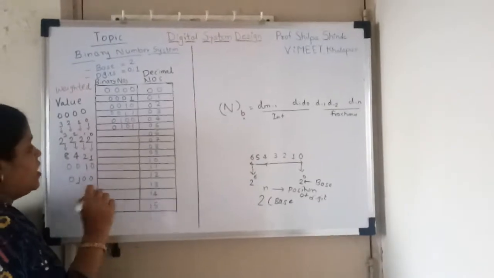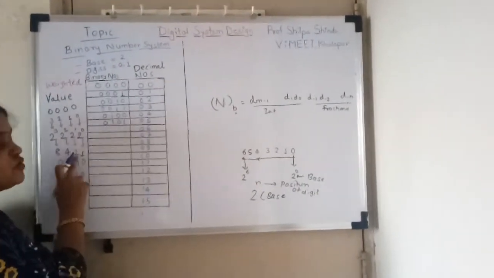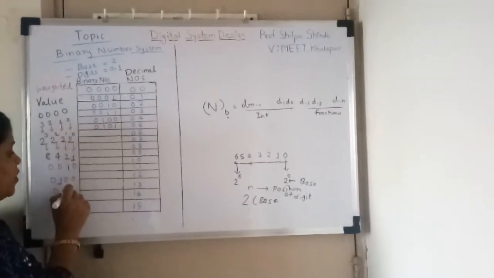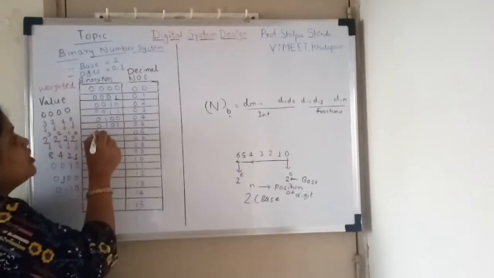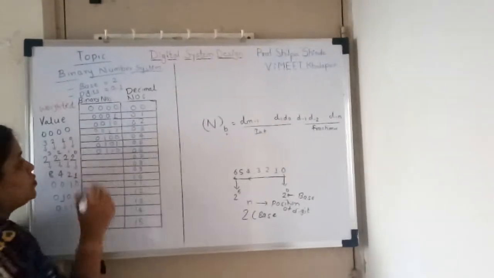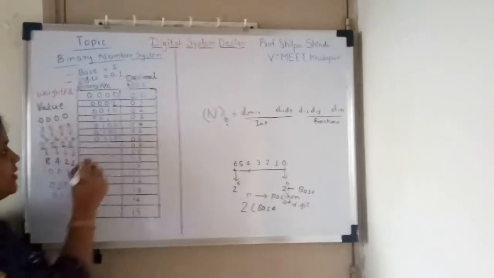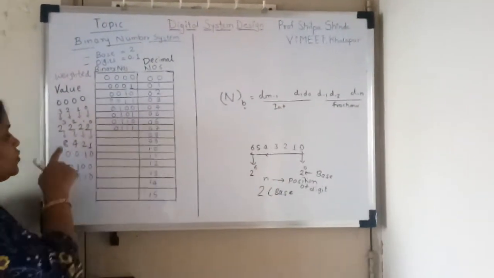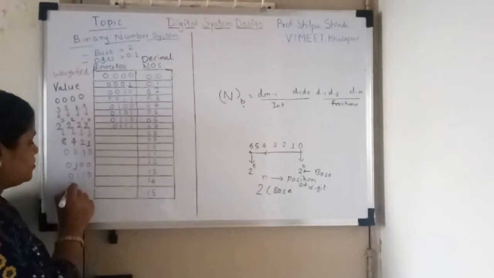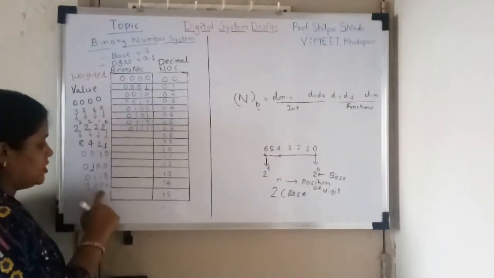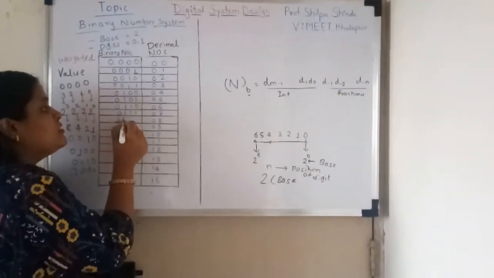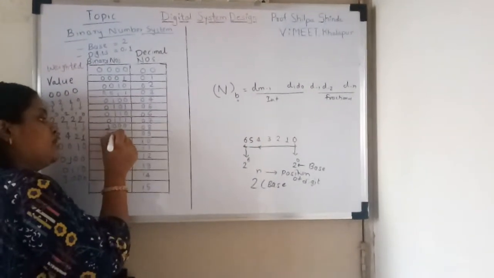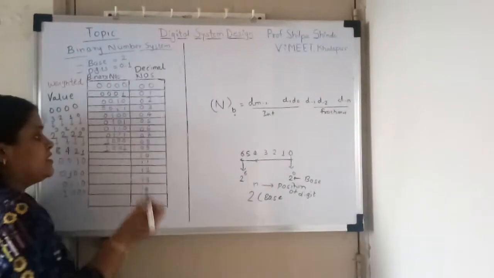For 6, 4 plus 2 equals 6, so these 2 bits are 1: 0 1 1 0. For 7, 6 plus 1, so 0 1 1 1. For 8, this bit should be 1 and all other bits are 0, so 1 0 0 0. Now 9 is 1 0 0 1.